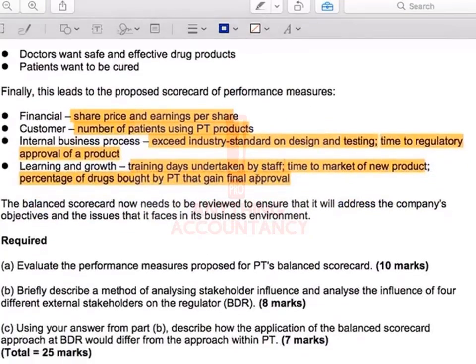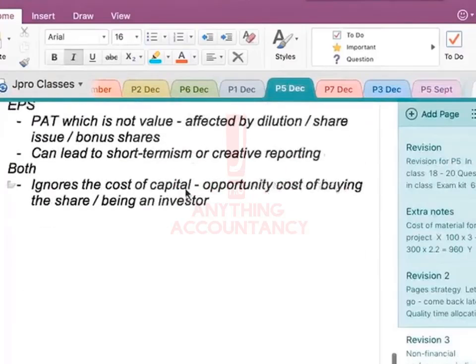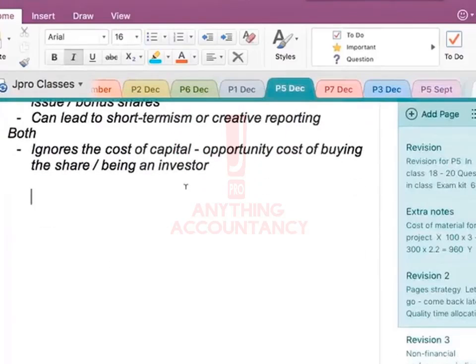Okay, now evaluate the performance measures. First part, I already told you how to write your answer. So now let's go through part C first. I'm going to do part C first. What's part C? Part C is about, what's part C about?